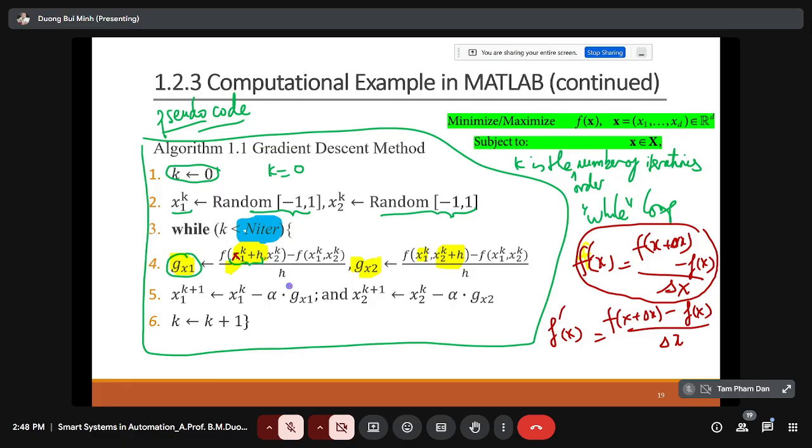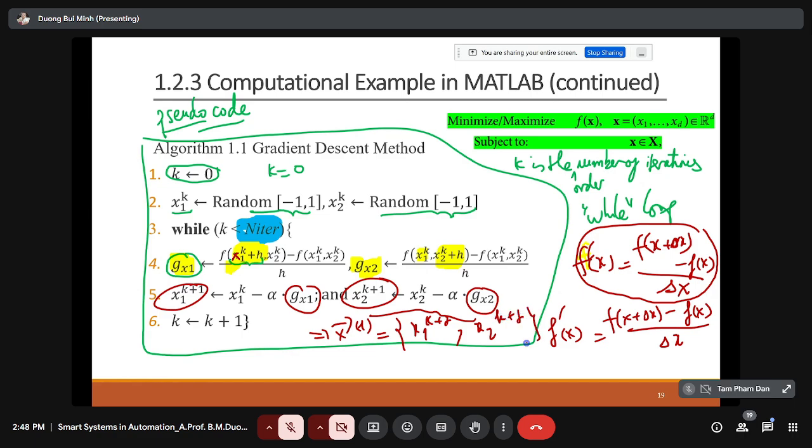After you get gx1 and gx2, we can apply the general formulas of gradient descent methods. We can update x1, and we can update x2. That means after the first iteration we have vector x as x1 at k plus 1 and x2 at k plus 1, and then repeat.